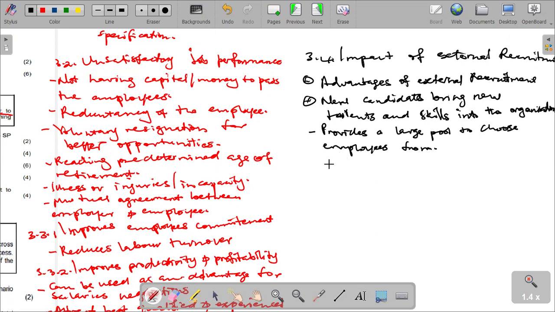We can also talk about how external recruitment enables organizations to meet their BEE expectations or targets.